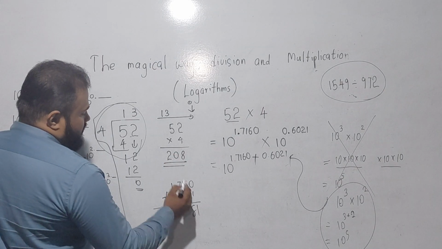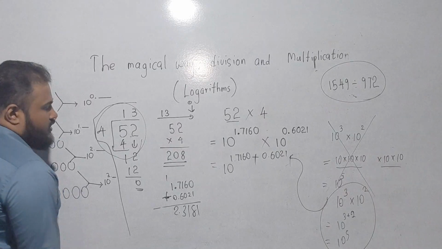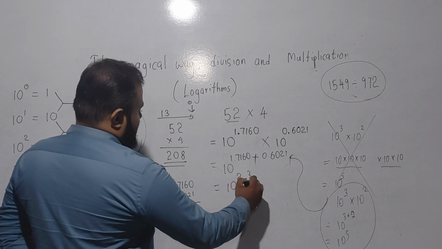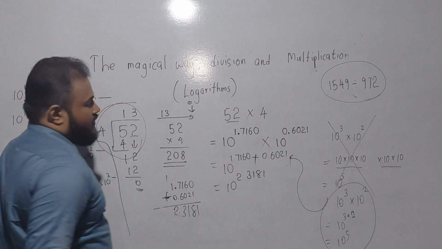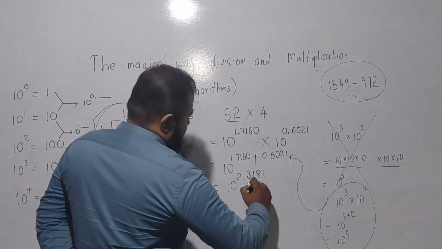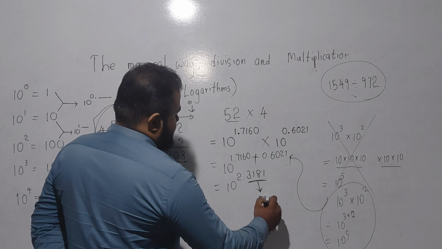It gave us 10 to the power 2.3181. Now what do we have to do? We have to find inside the table where this mantissa is.